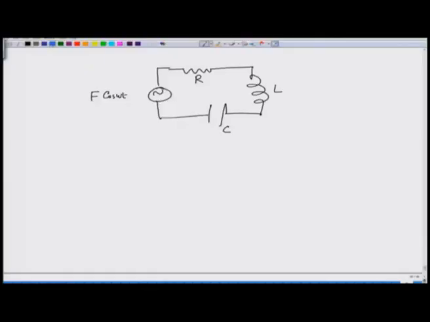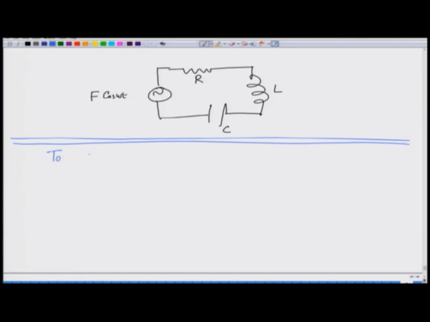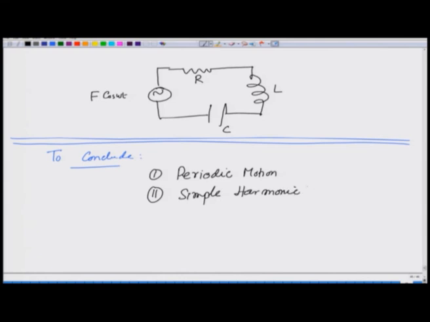So, to conclude these lectures on the harmonic oscillator, in these 5 lectures what we have done is we have learned about periodic motion in general, then we learned about simple harmonic motion, where the equation satisfied was m x double dot equals minus kx.